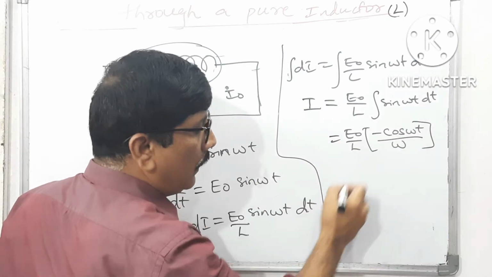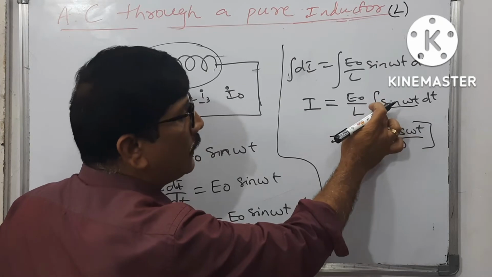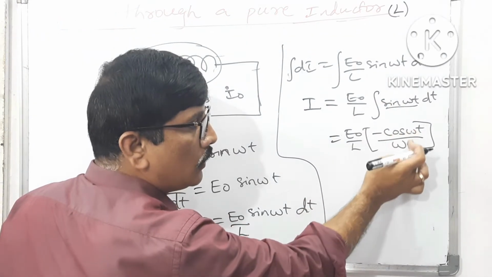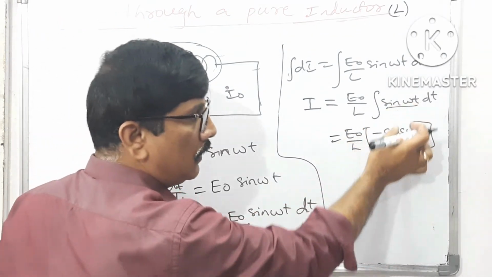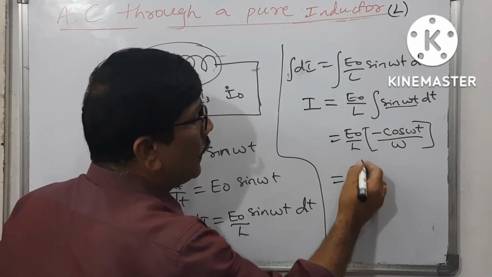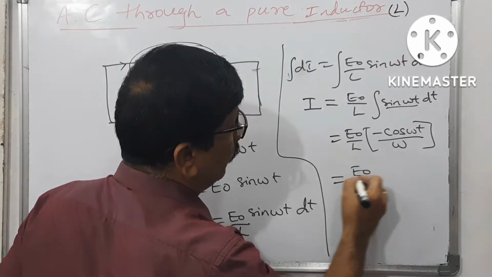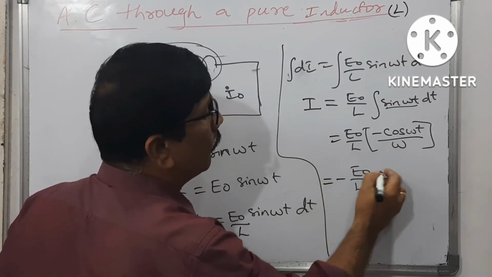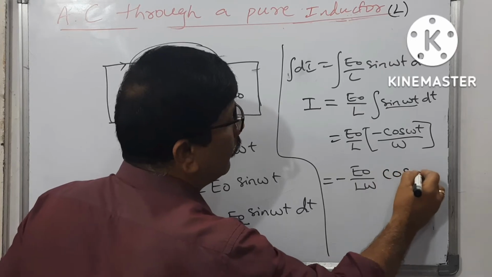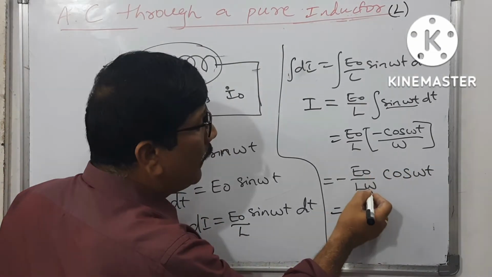It is pure integration. Now, write E naught by L omega separately, and write the minus here, no problem. So minus cos omega t, then E naught by L omega.